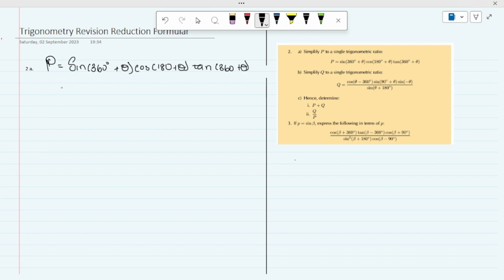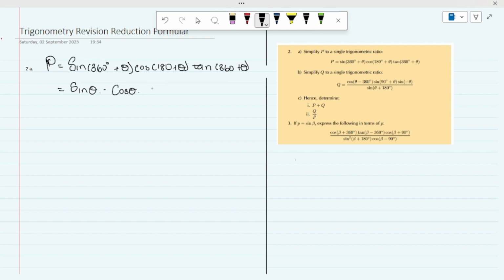Alright, so we are told to solve for p here in this instance. So sine 360 plus an angle, we know that it's gonna be sine of that angle, and then multiply by cos 180 plus an angle. We know that cos is negative in the third quadrant, so it's gonna be negative cos of that angle, so negative cos theta, and then multiply by tan 360 plus an angle.